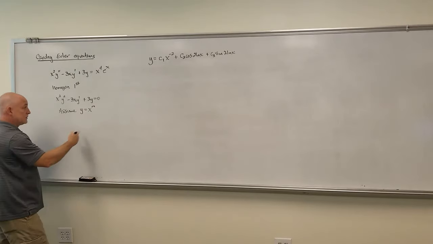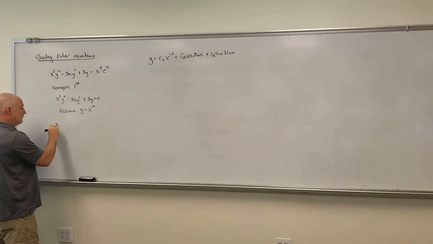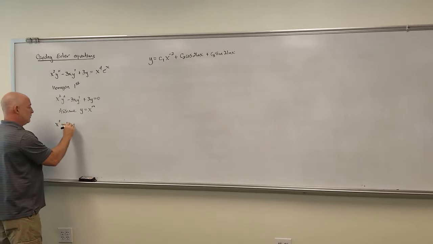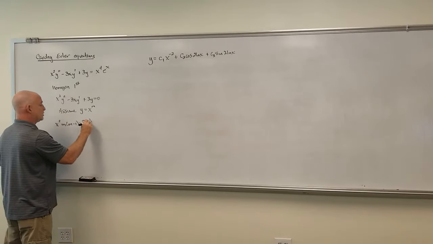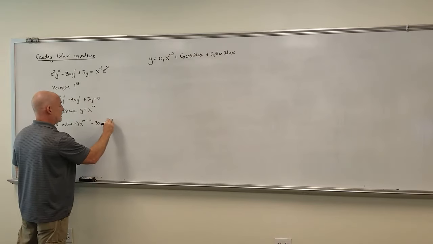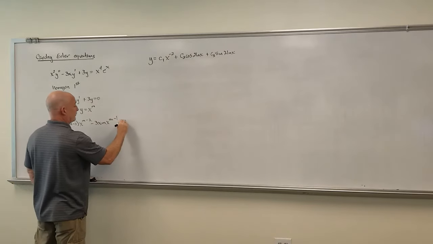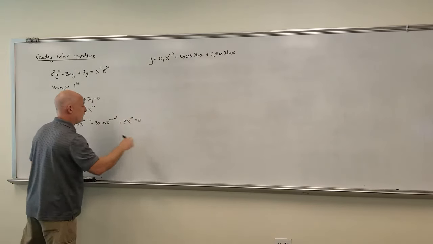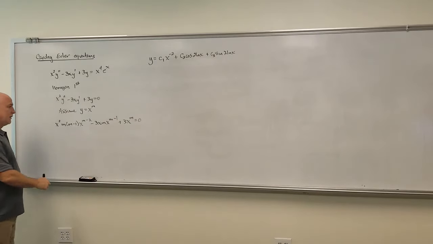Now, you really want to make sure you're writing this out. I am going to skip a step here. This is going to be m times m minus 1, x to the m minus 2, minus 3x times m x to the m minus 1, plus 3x to the m is equal to 0. Again, just skipping a quick step here.